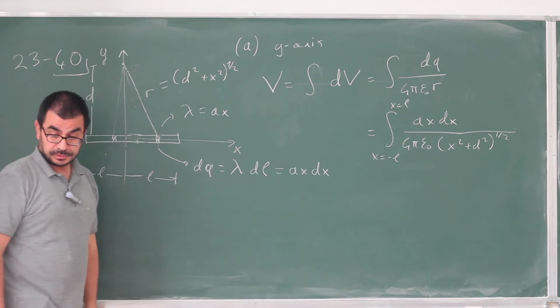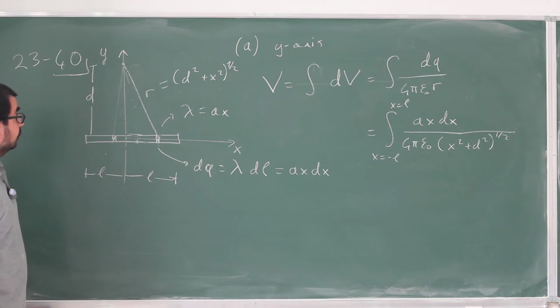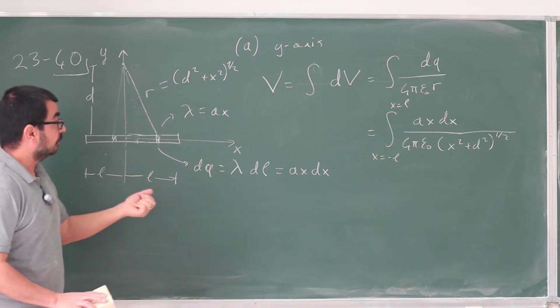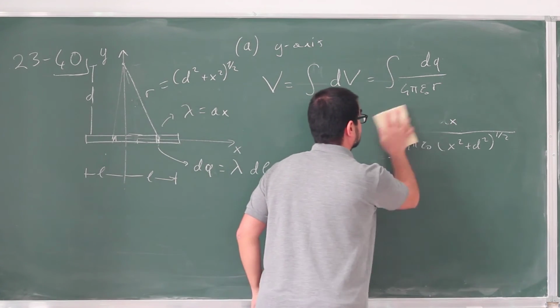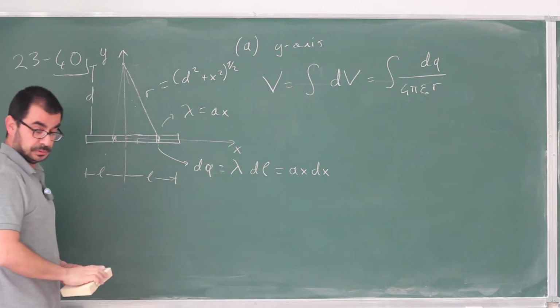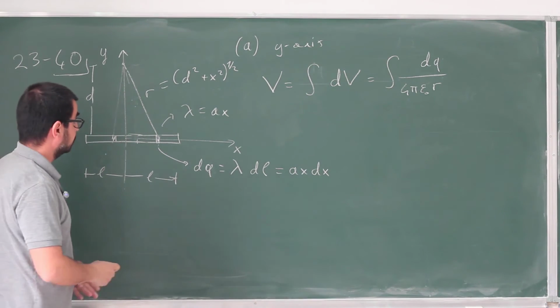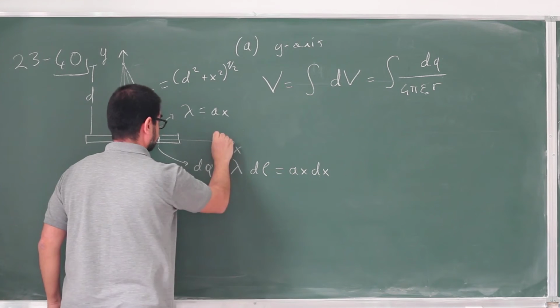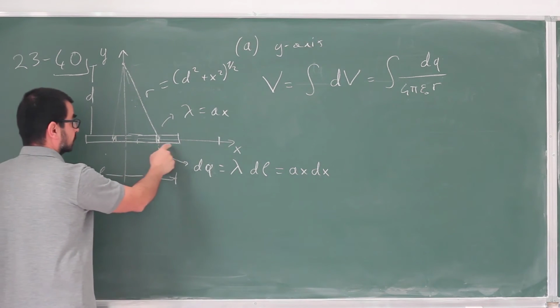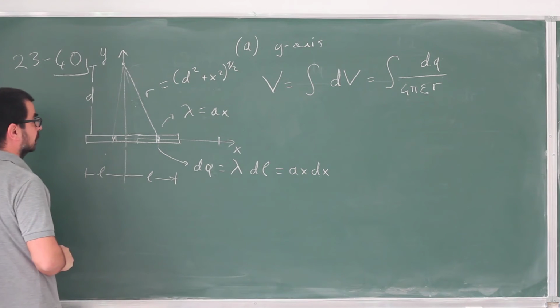All right. So for the second part, for part B, we are going to look at a point on the x-axis. Okay? And we proceed in exactly the same way, except we are going to have a different integral. So now I'm going to be at a point, let's say here. And again, I'm going to look at the contribution of these points on the rod.